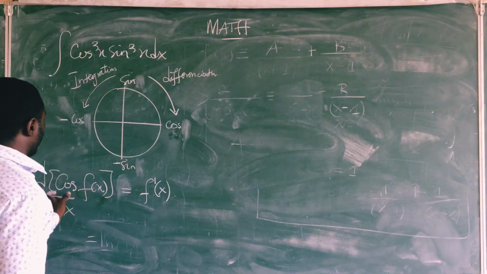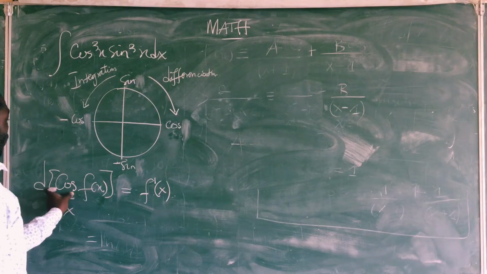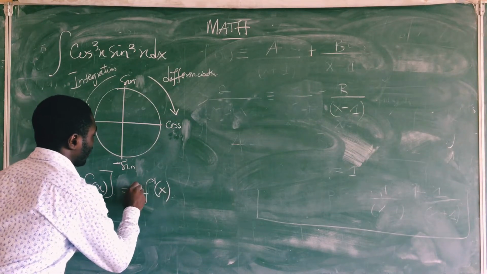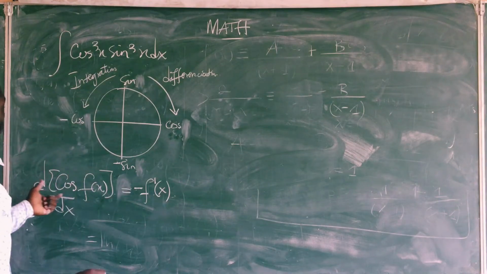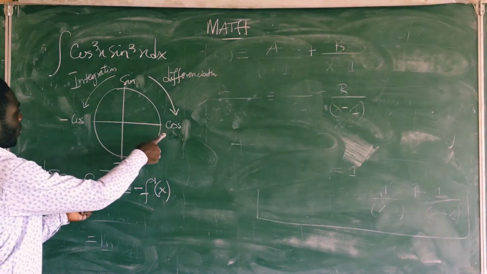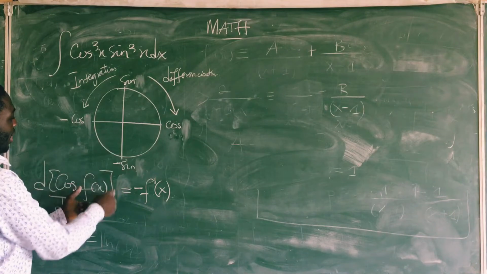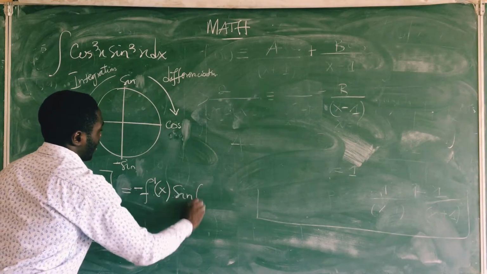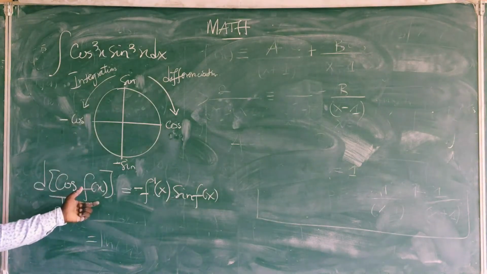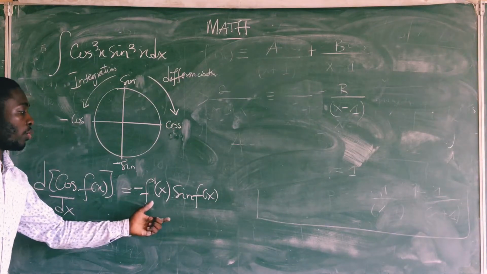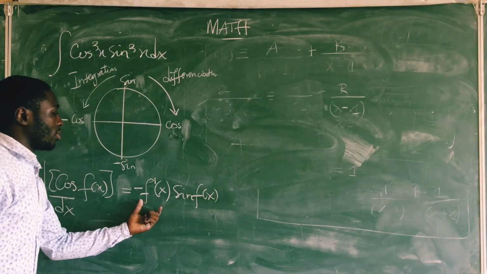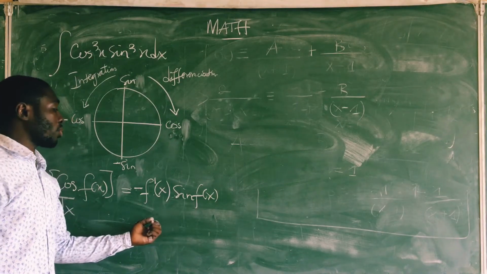Then I differentiate the trigonometric function itself, which gives negative sine. So I'm going to have negative f prime of x sine f of x. So the differentiation is in two parts. You first differentiate the function, then you multiply by the differential of the trigonometric function itself.